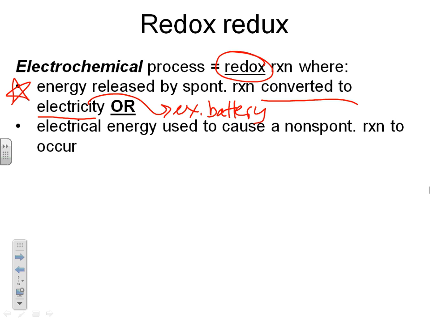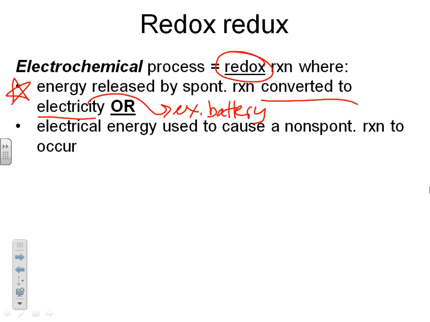Or it could mean that we are using electricity to cause a non-spontaneous reaction to happen. So instead of generating electricity, maybe we need to use electric current, use the movement of electrons to force something else to happen. That's actually where the battery powering the cell phone is a good example.